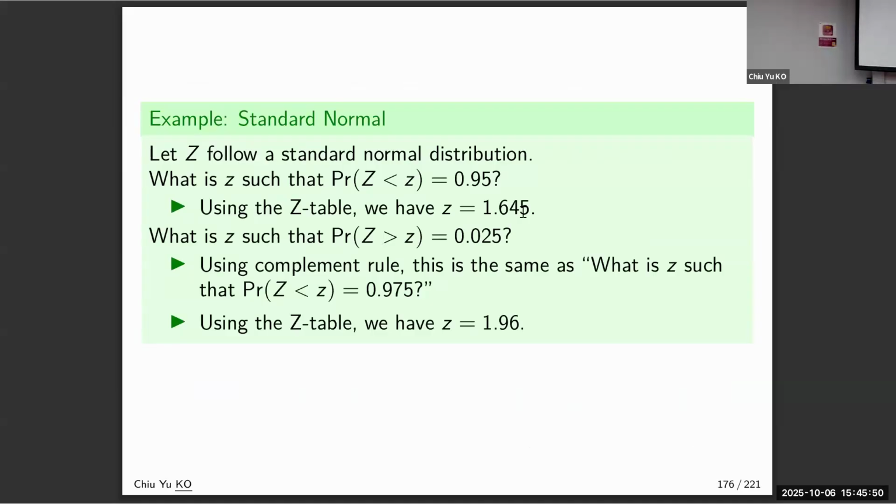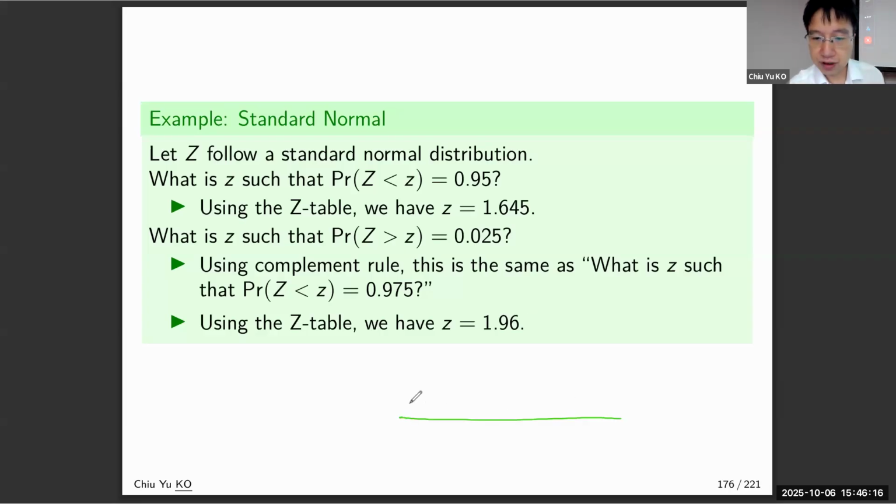The same applies if you want to look at what's bigger than this. The table only gives you the left-hand side. If I give you the right-hand side area as 0.025, the left-hand side is 0.975. Just to make sure you get it, I'll draw it again.